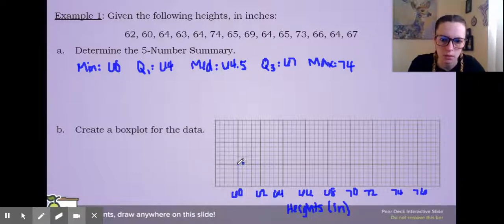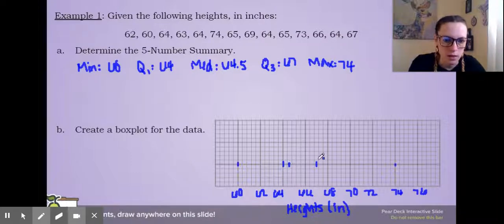So I got my minimum value at 60, my lower quartile at 64, my median at 64.5. So if this is 65, because it's halfway between the two, I'm looking around here. My upper quartile is 67, and my maximum value is all the way over here at 74.